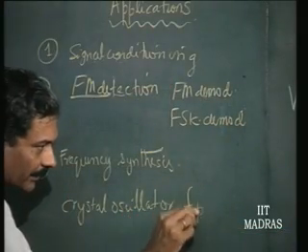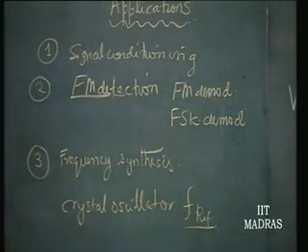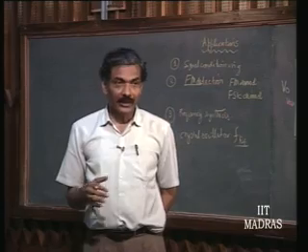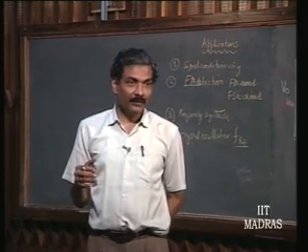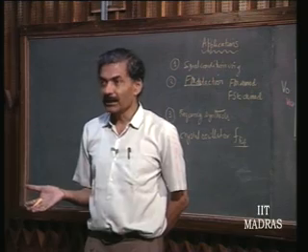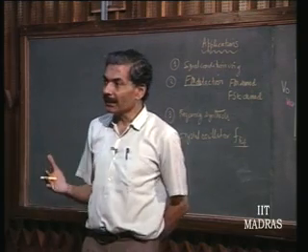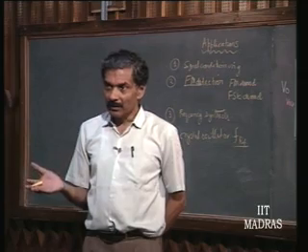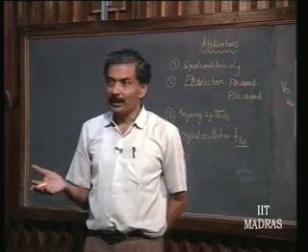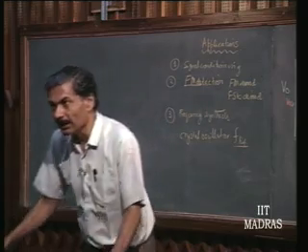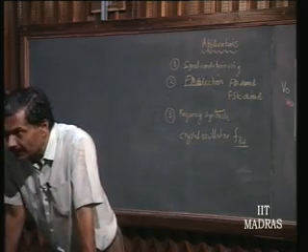Generate the reference frequency, and it is so good nowadays that this design has been so perfected that you can get excellent stability with respect to temperature, etc., as far as the frequency of oscillation is concerned, and almost everybody has decided that any accuracy you want in your electronic circuit will depend on a reference, and that reference shall always be, if possible, a frequency reference, not a voltage reference.